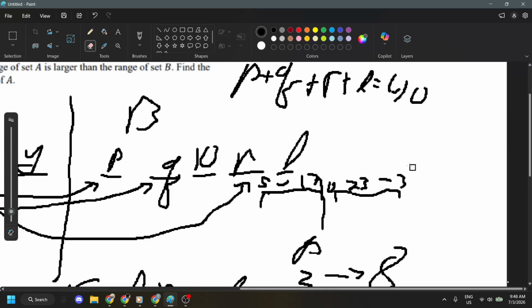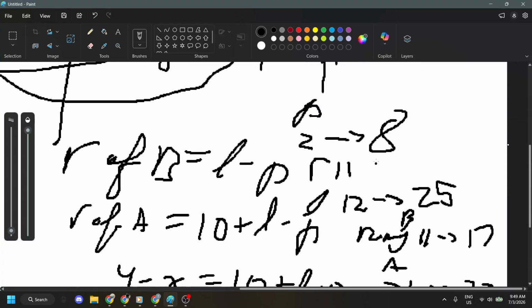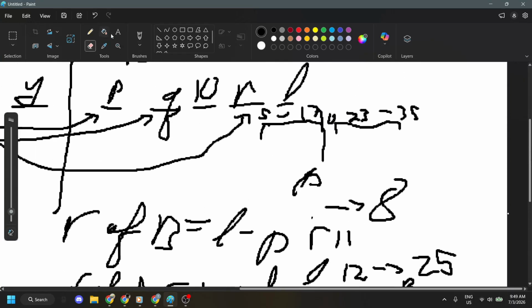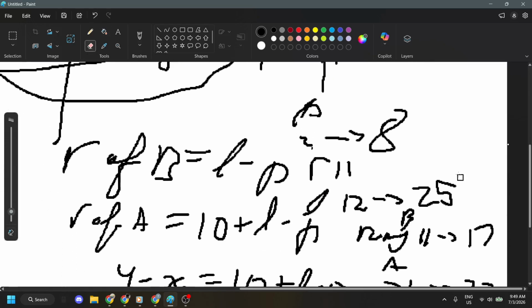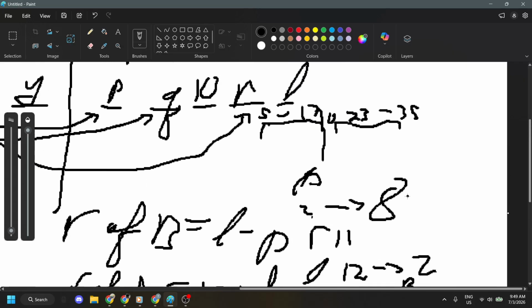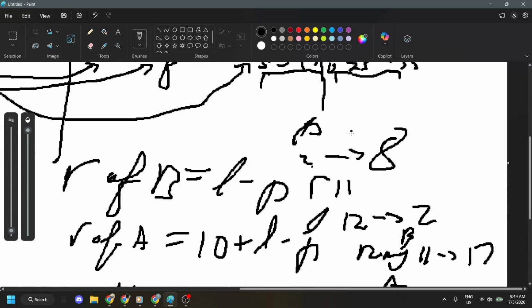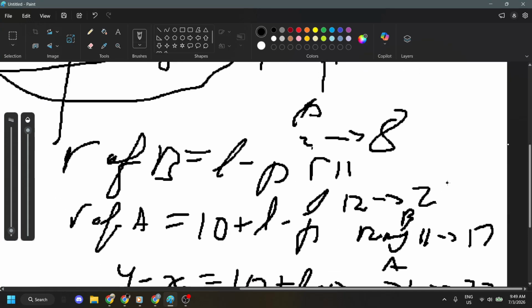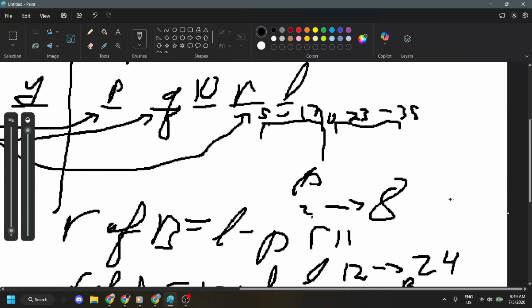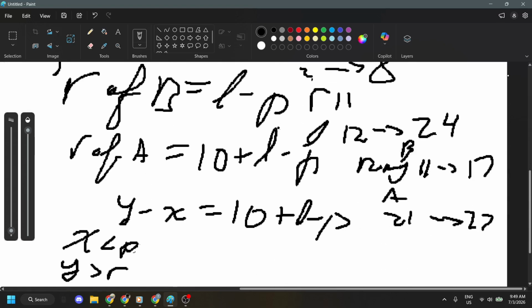Which makes this 5, which makes this 2, which makes L have the range between, oh, 35 minus 11, which is 24, which is 24 minus 8 is 16, 6.